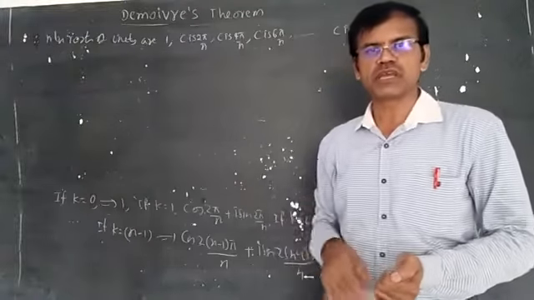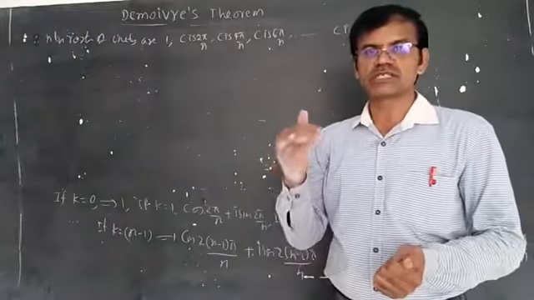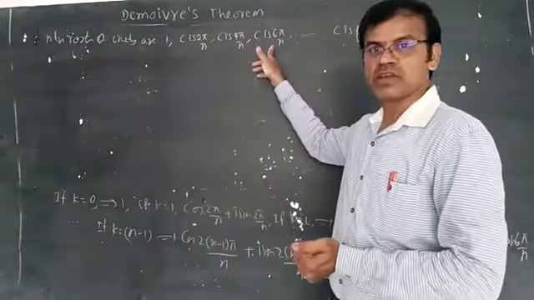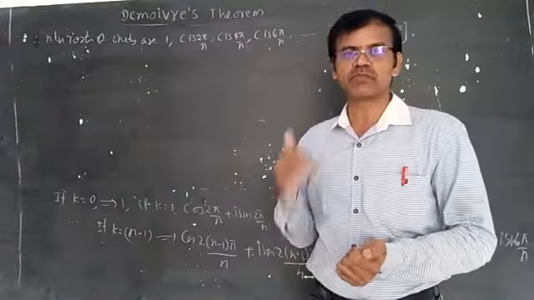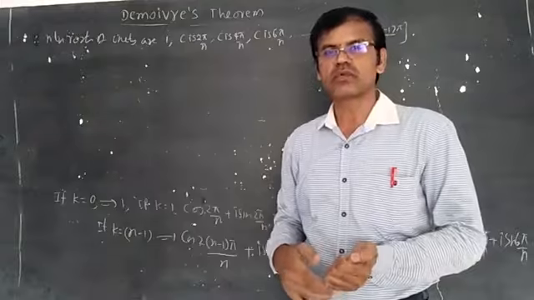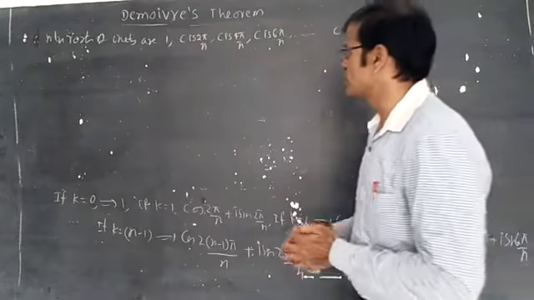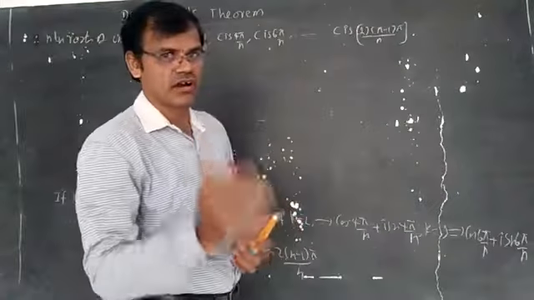So cis 2 pi by n into cis 2 pi by n becomes cis 4 pi by n. Next cis 4 pi by n into cis 2 pi by n becomes cis 6 pi by n. Cis 6 pi by n into cis 2 pi by n becomes cis 8 pi by n. So you could understand the difference is cis 2 pi by n. I mean, not difference.